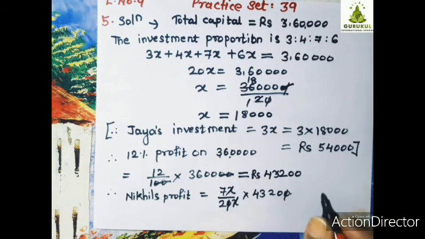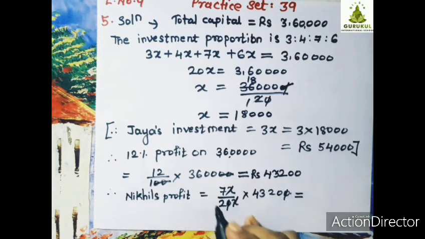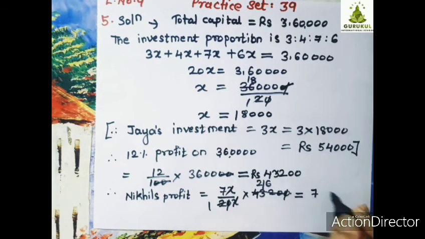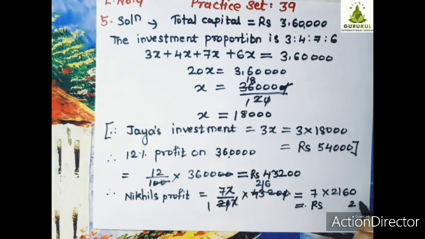0 0 will be cut, and do 2 ones are 2, 2 twos are 4, 2 ones are 2, 2 sixes are 12. 7 into 2 1 6. So it will be rupees, 7 sixes are 42, 7 ones are 7 plus 4 is 11, 7 twos are 14 and 1, 50.